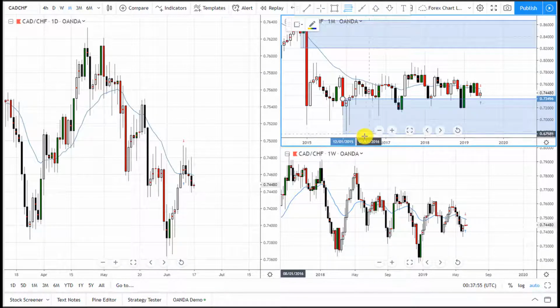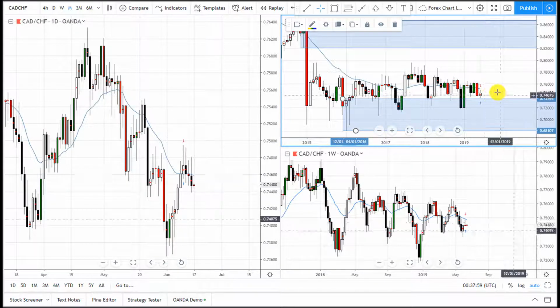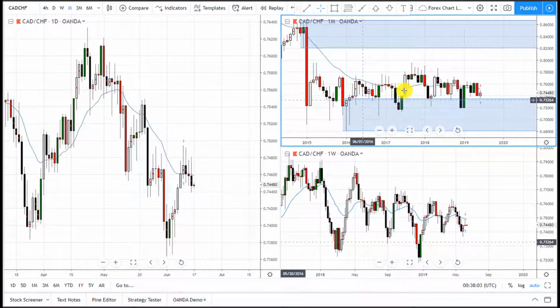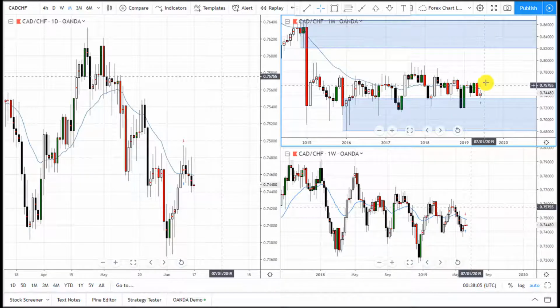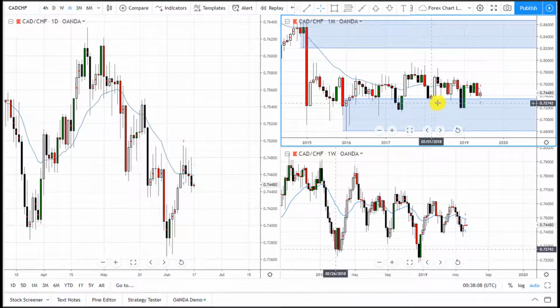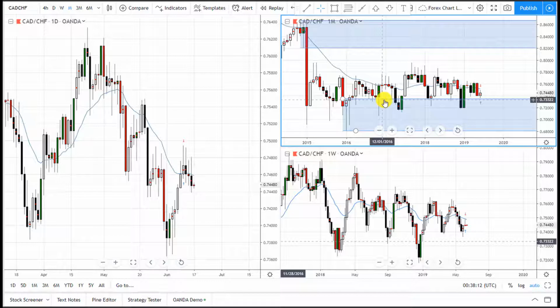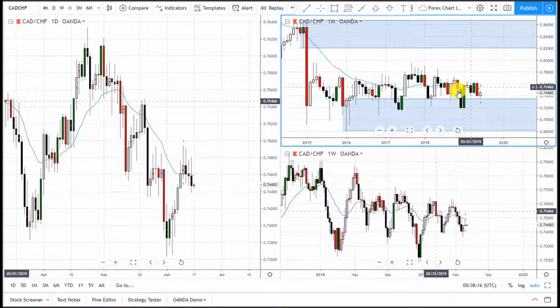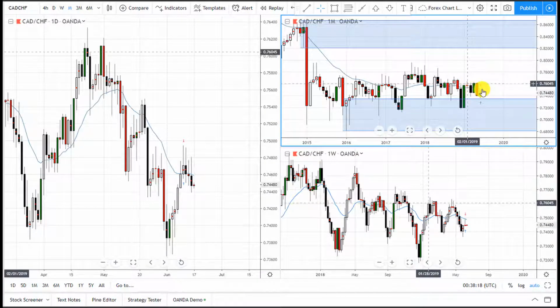A really wide demand zone that's been tested multiple times. As mentioned in the previous videos, if a certain zone has been tested multiple times, the odds of it rallying after that is very slim.